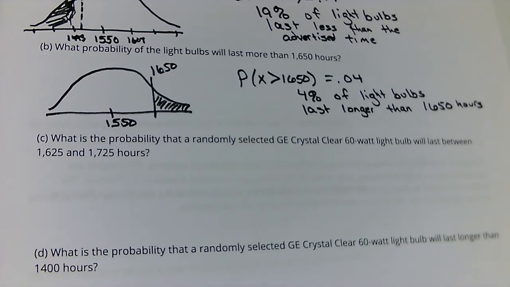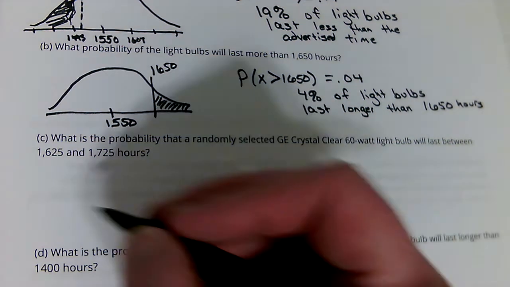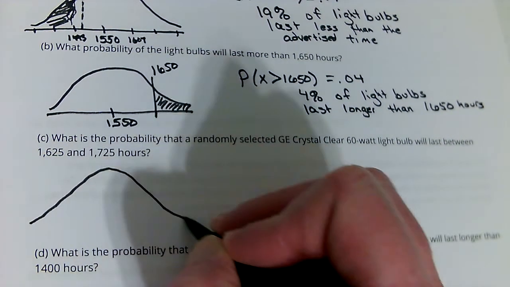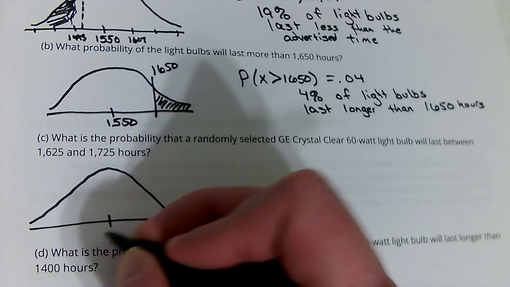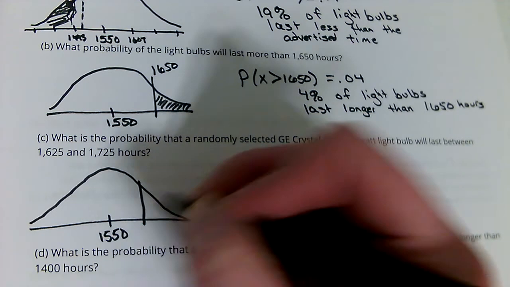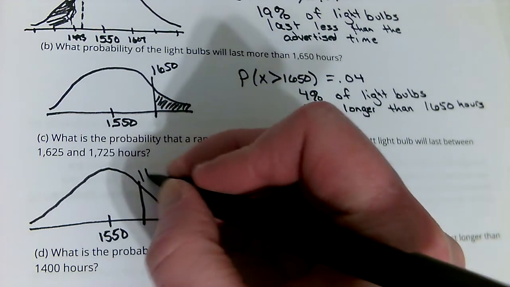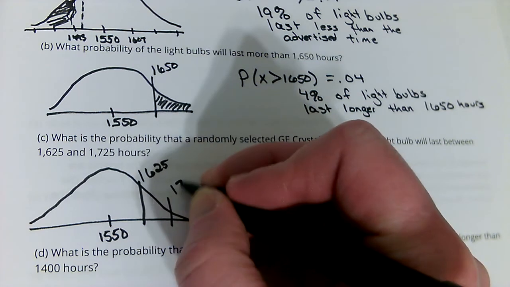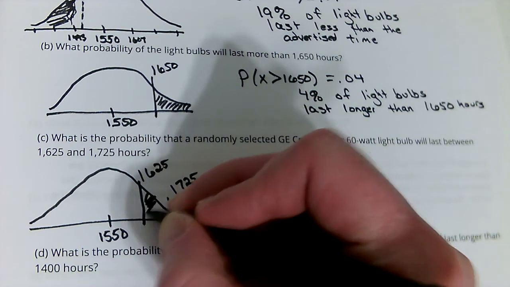What is the probability that a randomly selected light bulb will last between 1625 and 1725? Oh, so we're wanting light bulbs that last a long time, huh? So 1625 would be around here. 1725 would be here. So we're talking about this range.